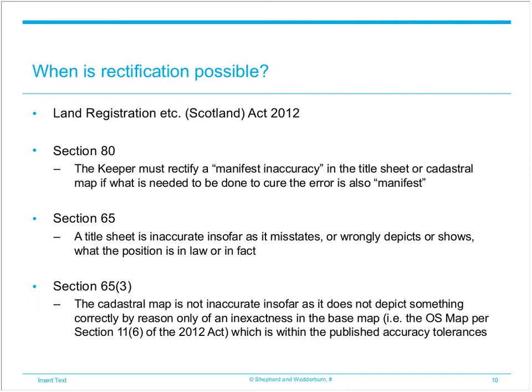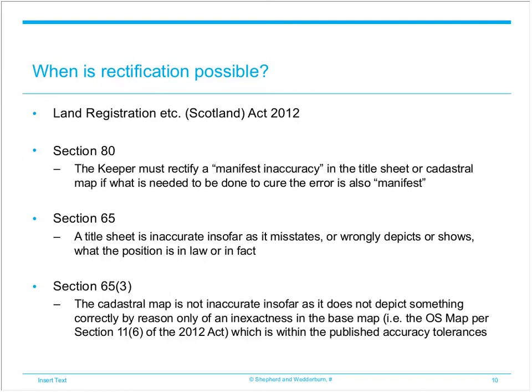There's very little case law on what is manifest and what is an inaccuracy, and there's not any definition either in the legislation. In terms of Section 65, subsection 2, the cadastral map is not inaccurate insofar as it doesn't depict something that is correct only by reason of an exactness in the base map, i.e. the OS map, which is within the tolerances that are relevant to the scale of the map that's involved.